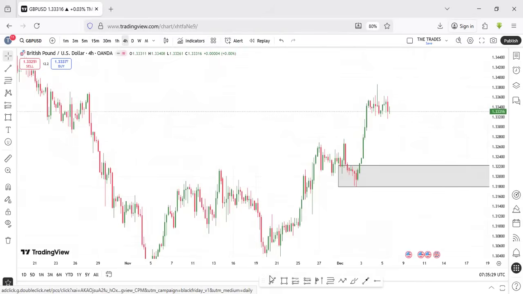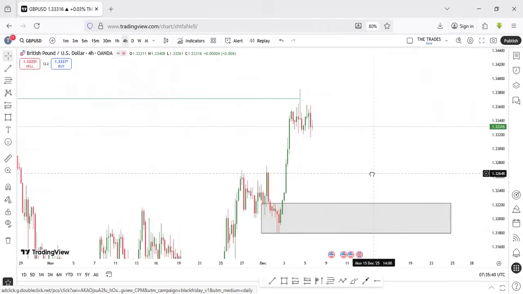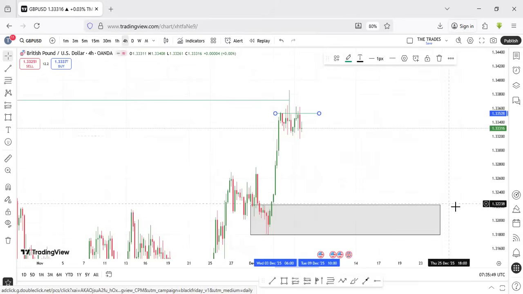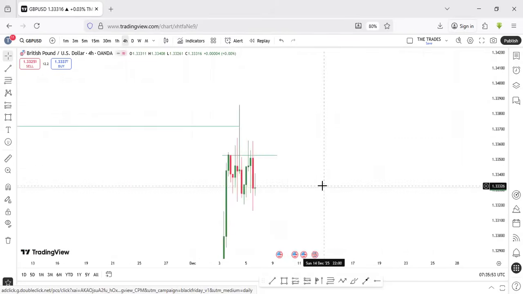The market had already swept this buy side liquidity, and you will discover that the market has been reacting heavily at that particular point. Now look at the last body candle that closed just above.